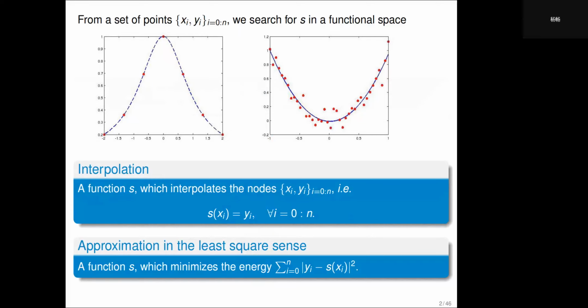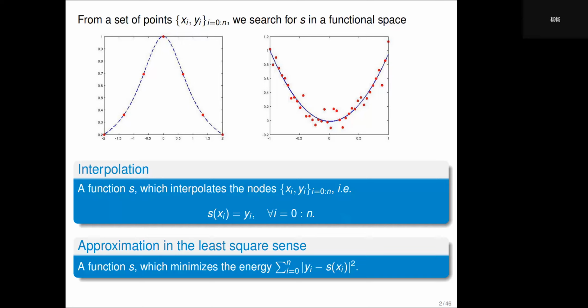We have the data, as you see, the red points. This is our data, in the left figure and the right figure. What we want to do is to use some very simple function to describe the feature of this data.